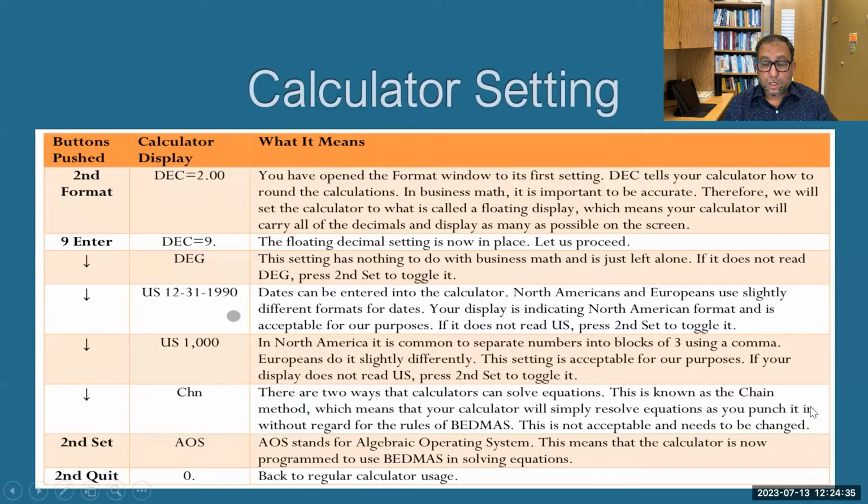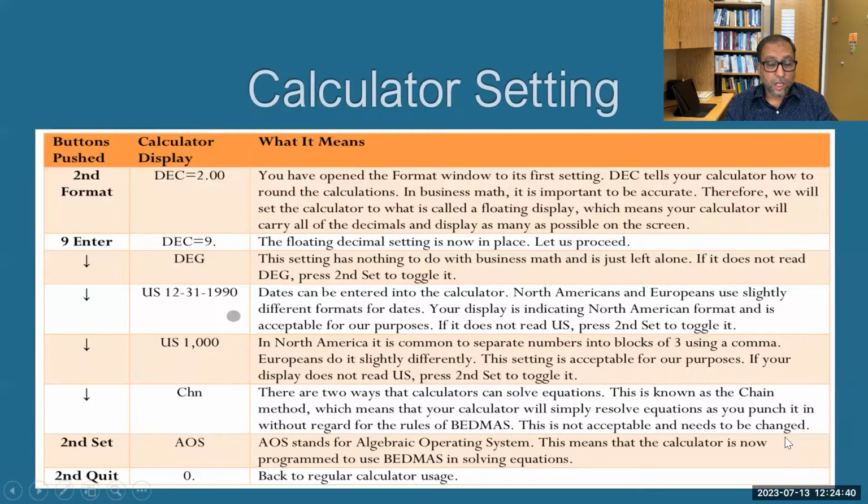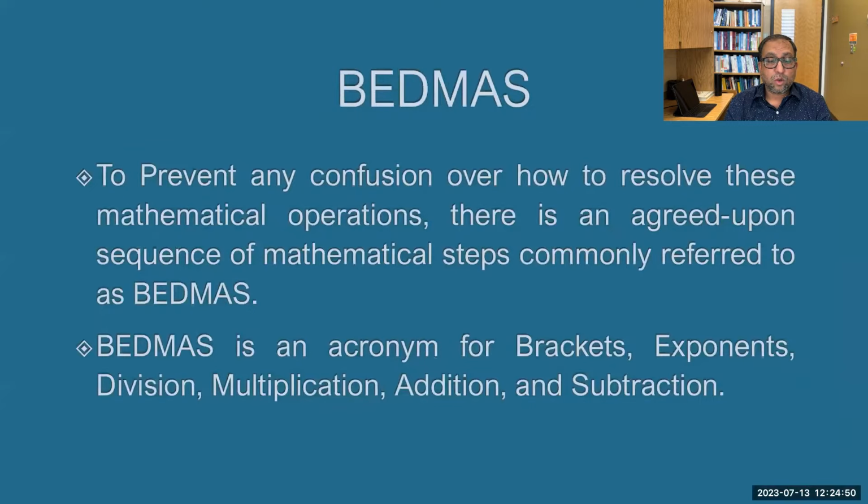There is an AOS setting in the calculator, and then we press Second, Quit to get back to regular calculator use. So these are the ways you can set your calculator for doing your calculations.